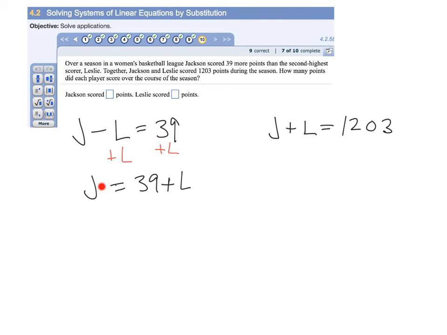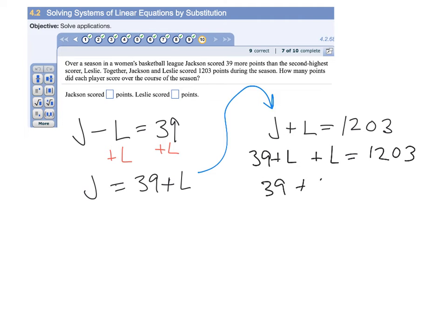So I wanted to solve for one of the variables, and I could have used either equation. I chose this one, and I chose to solve for J because it looked like it was the easiest to do. And then J is going to be replaced by 39 plus L equals 1,203. So that means 39 plus 2L is equal to 1,203. Now we're going to subtract both sides by 39.